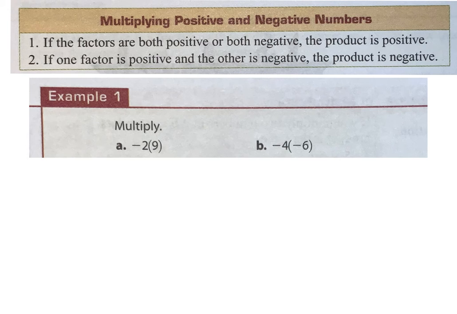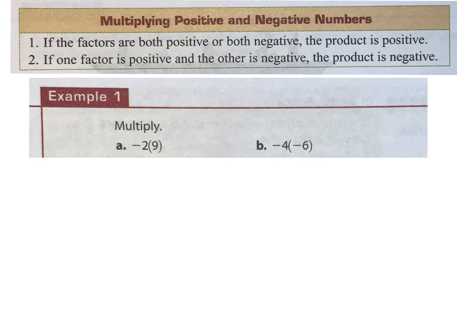And so the other rule then is if one of them is negative and one is positive, then your answer will be negative. All right. So if you multiply two numbers with the same sign, you're going to get positive. If you multiply two numbers with a different sign, you will get negative. So same sign is positive, different signs are negative. You don't have to worry about which is bigger like you do in addition.